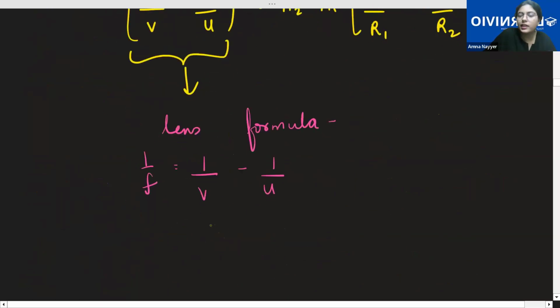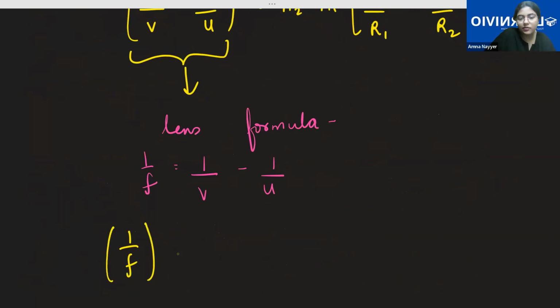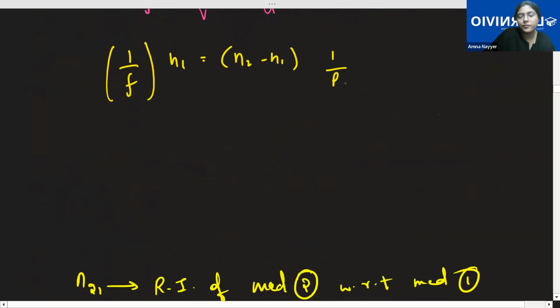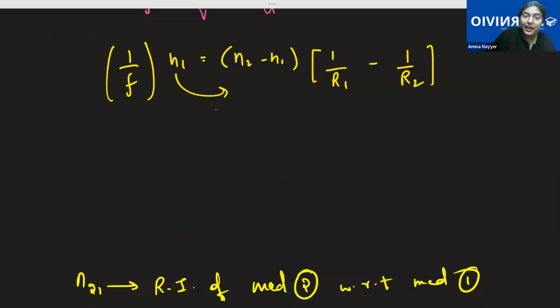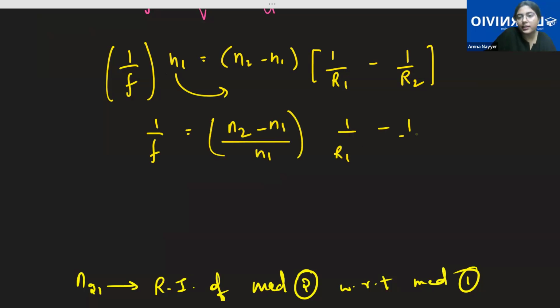As I told you before, that lens formula is 1 by F is equal to 1 by V minus 1 by U. So I'll write 1 by F instead of that term. N1 was there, N2 minus N1 by 1 by R1 minus 1 by R2. Bring this N1 downwards. 1 by F will be N2 minus N1 by N1, 1 by R1 minus 1 by R2.